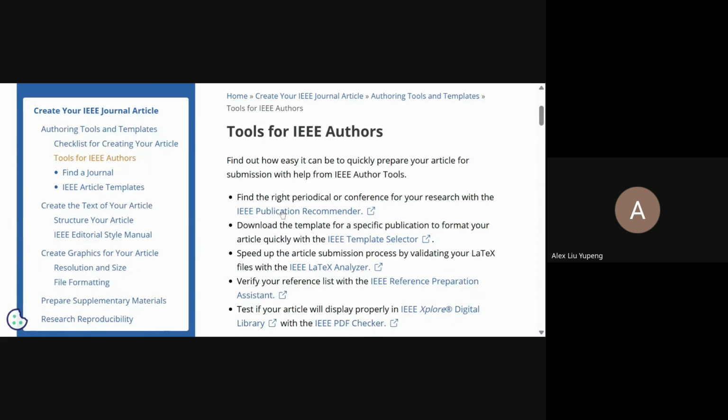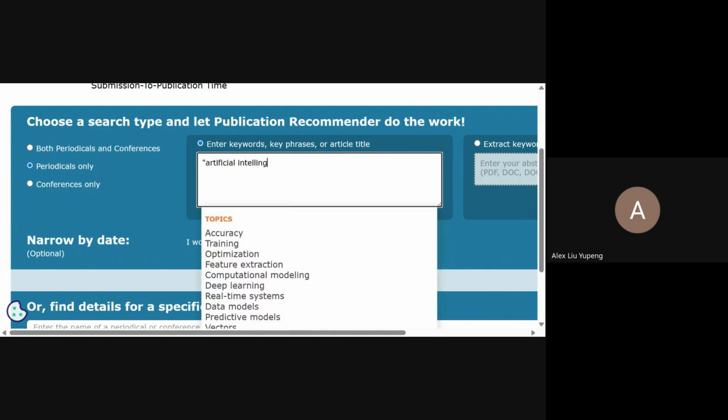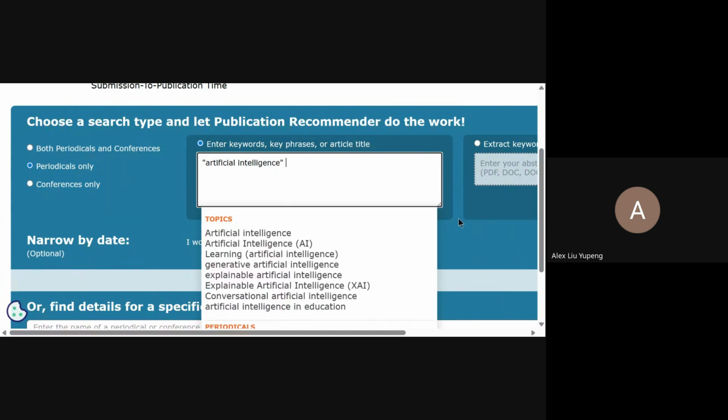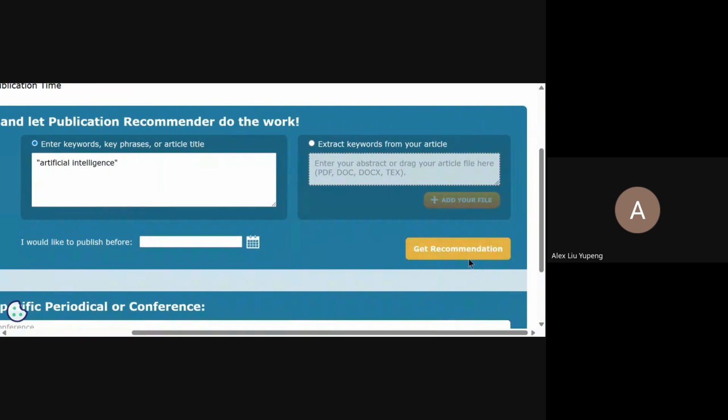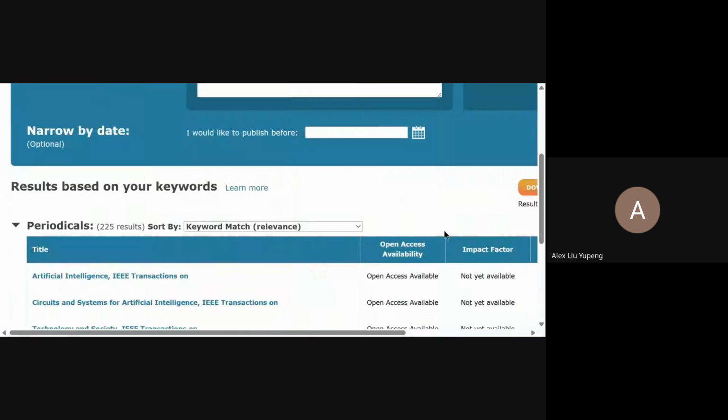The first one, if you select it, it brings you to this website. It will tell you what journals publish in topics, let's say artificial intelligence. In this particular topic, you can get recommendations. Artificial intelligence. Well, there are 225 journals that published articles related to AI.